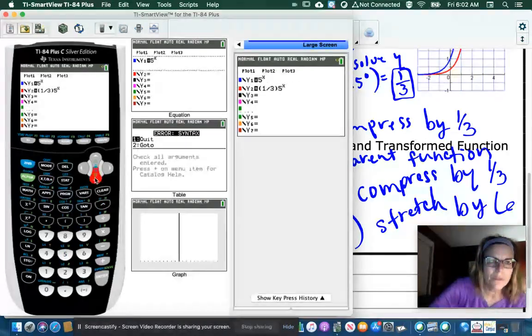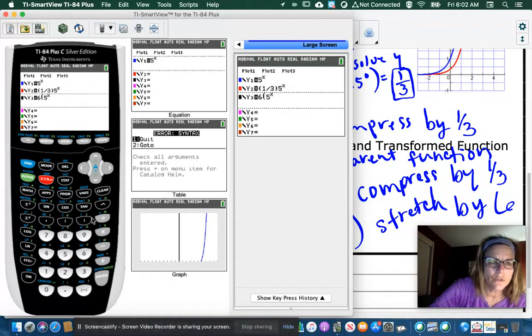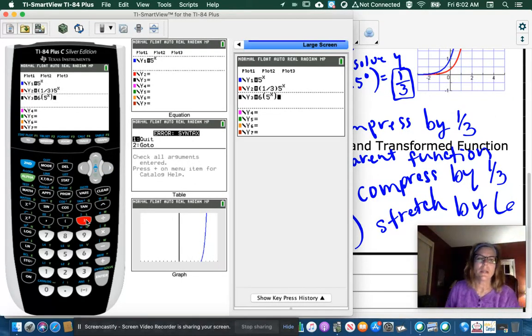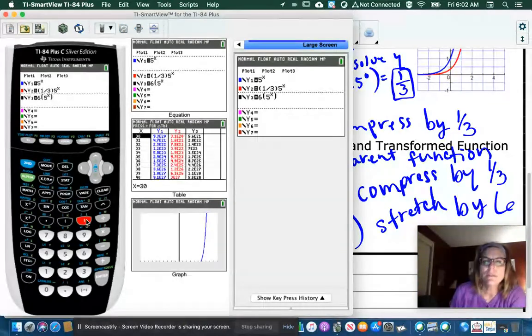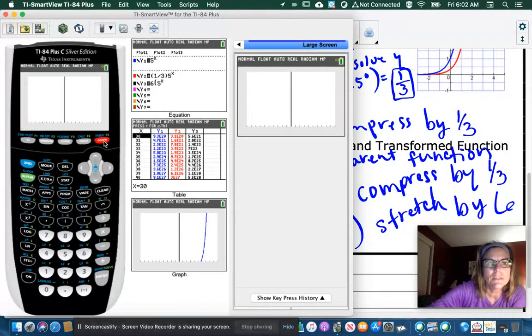The y3 is going to be 6, and this time let's put the 5 to the x in parentheses, just so the calculator knows. Don't multiply 6 times 5. It's 5 to the x, and times 6 means you are stretching it. And let's graph it, and let's talk about what's happening.